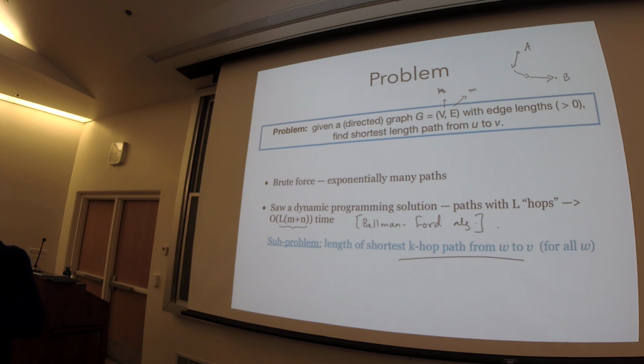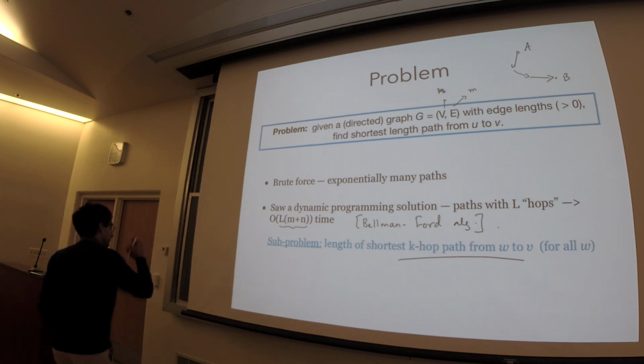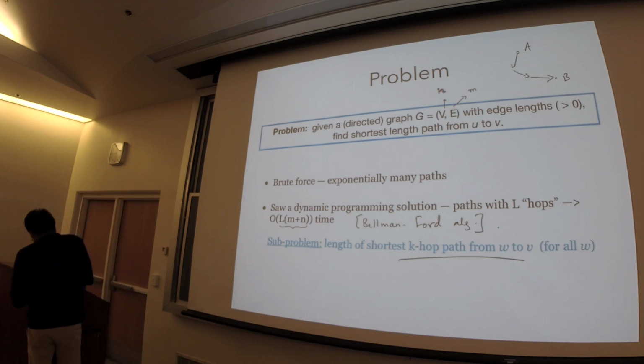If all the edge weights are positive, then you don't have to go around a cycle, so a shortest path can never have a cycle. That's why this algorithm itself gives something like an N times (M plus N) running time.